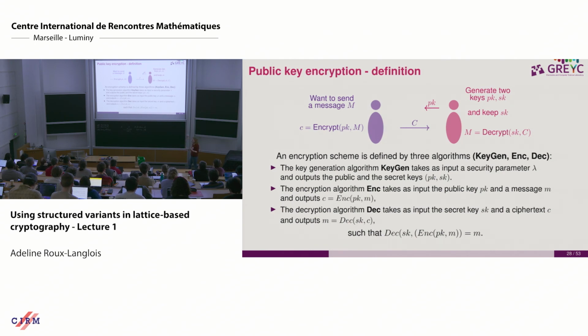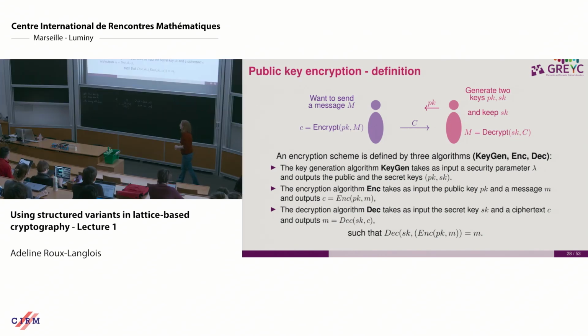So the best attacks will be in 2^λ. If we say we have 80 bits of security, it means that you need 2^80 to attack the scheme. So 80 is not good enough today. The smallest we can take is 128 for the security parameter.